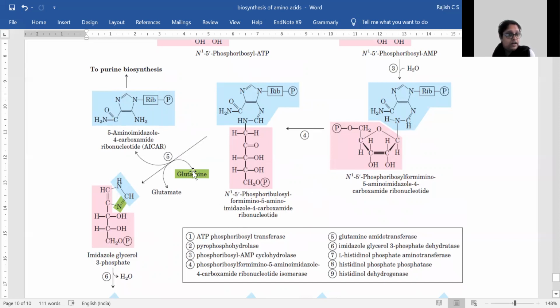And now an amino group from the glutamine will get added, and then this again forms an imidazole ring structure, and to that again the glycerol is added.